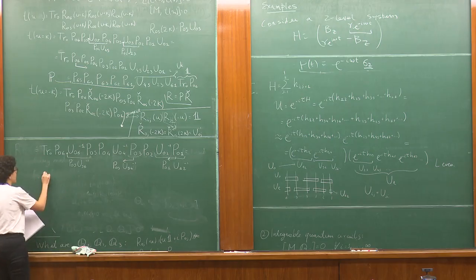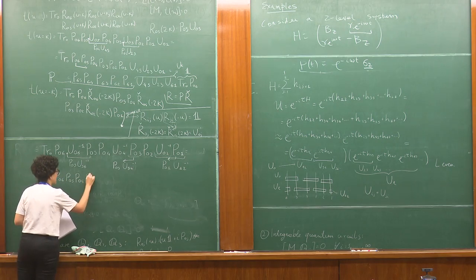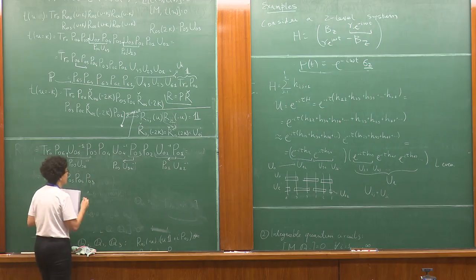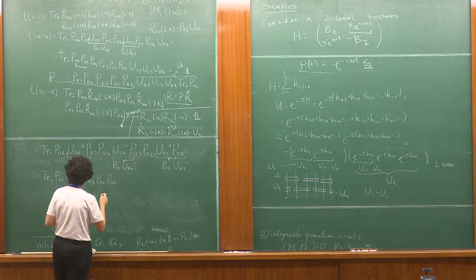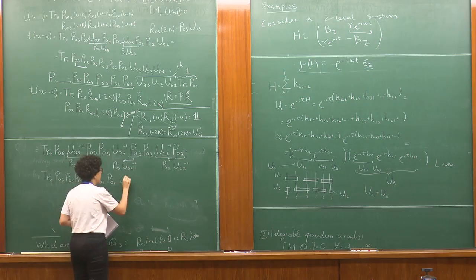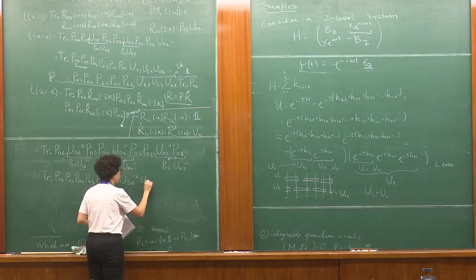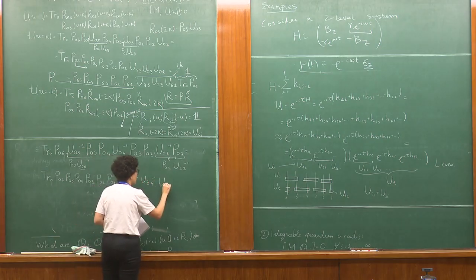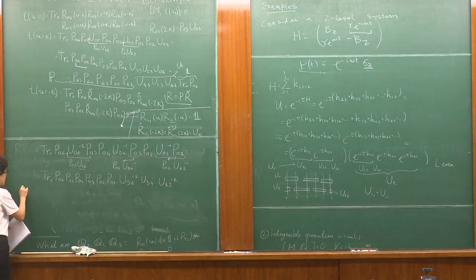So we get the trace over 0 of P_06, P_05, P_04, P_03, P_02, P_01. Then we have all the U's, because I can put everything before, since there is no overlap. So this is U_56 inverse, then U_34 inverse, U_12 inverse. And now you can just put things together.